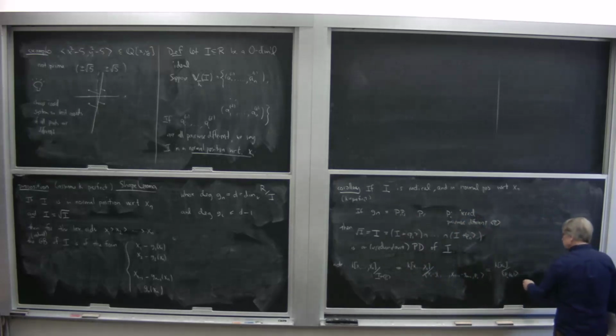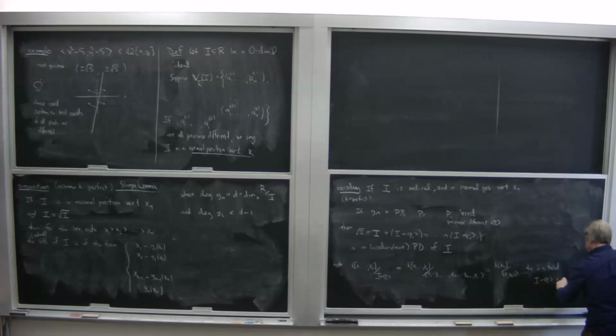That makes this a field. So this is a field. And therefore, I plus each P sub i is a maximal ideal. And then we're done. Okay, that is the primary decomposition.